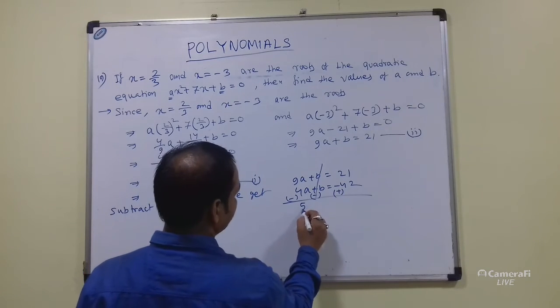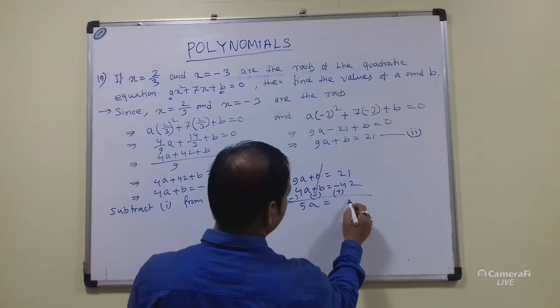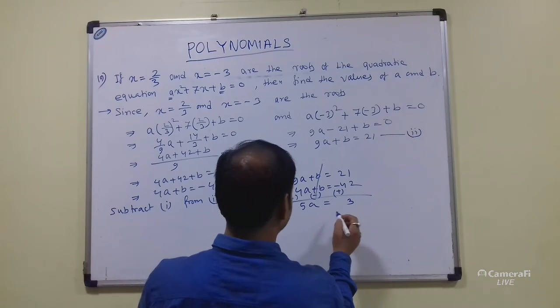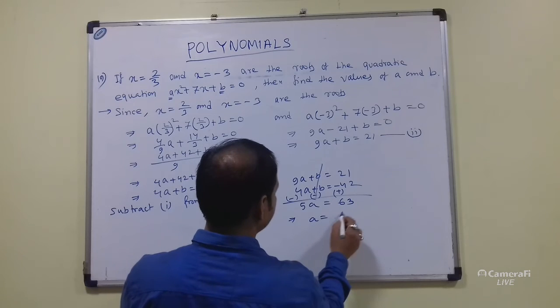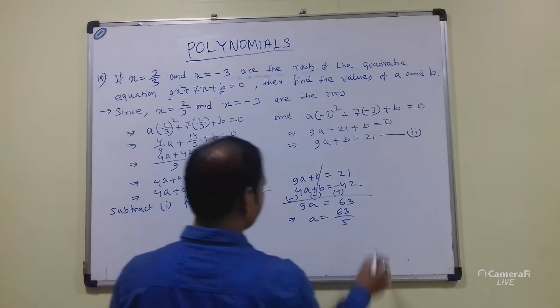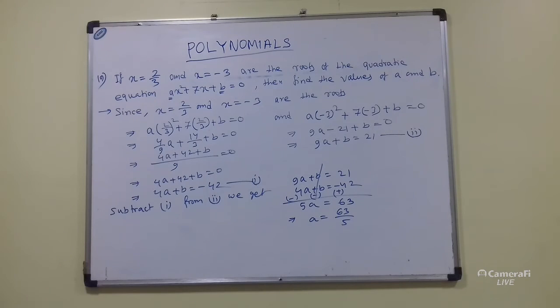So it will be 5a and so a is equal to 63 by 5. Okay students, I hope you understood.